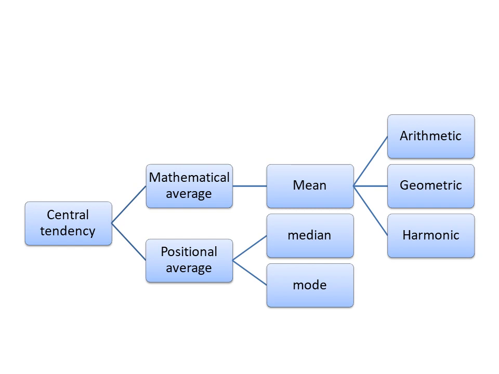Then in mean, we have arithmetic mean, geometric mean, and harmonic mean. So how to calculate arithmetic mean, geometric mean, harmonic mean, median, and mode for raw data, we are going to study in this particular PPT.